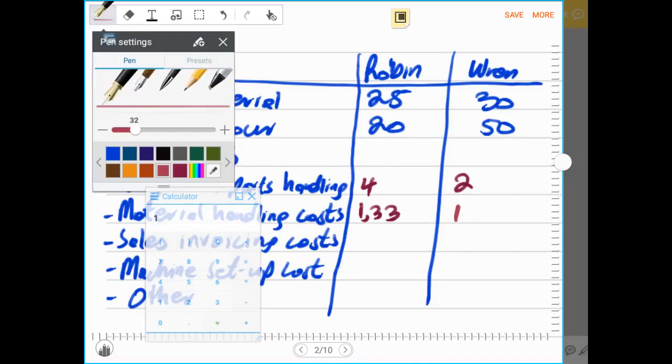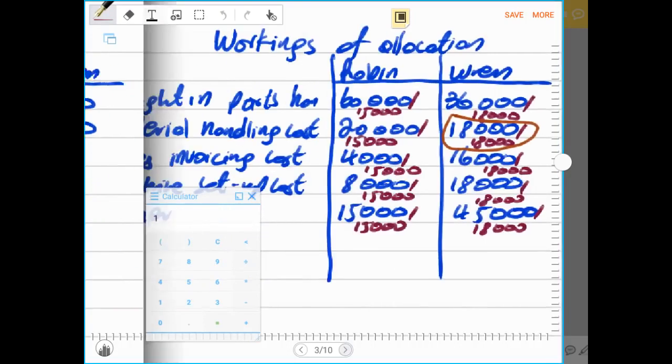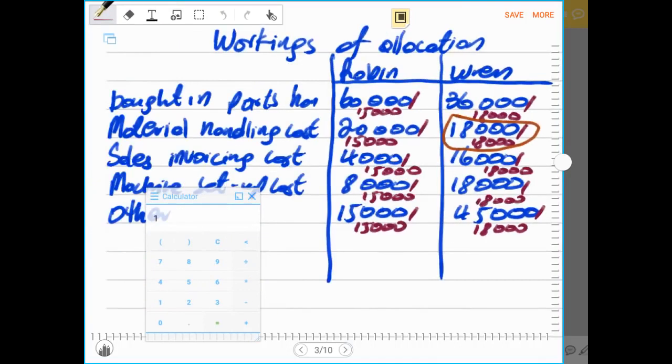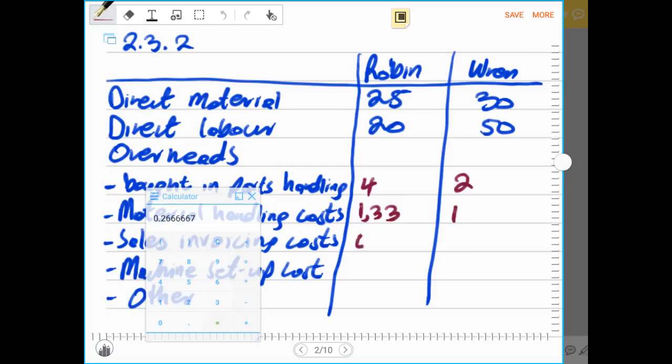Then we also have to take into account the next overhead, and the next overhead is sales invoicing cost, which is 4,000 divided by 15,000, that is 27 cents, and we record 27 cents.